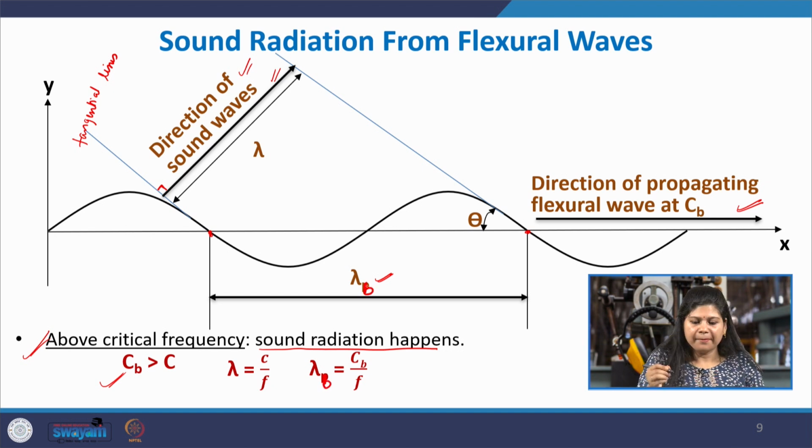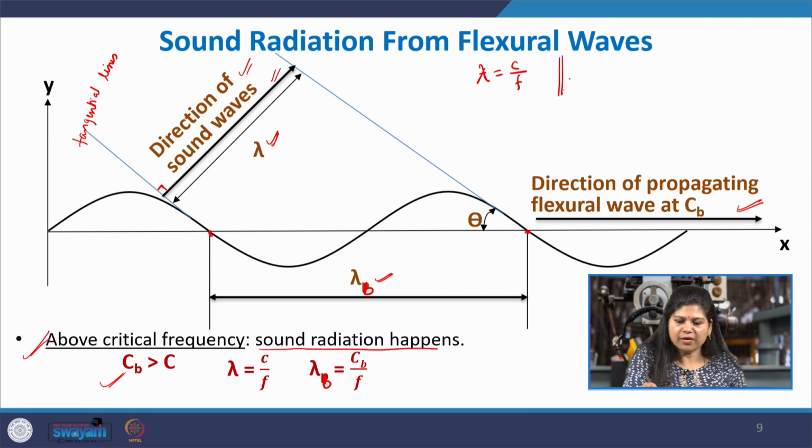And this is the lambda of the sound wave it is generating. You can see that the lambda of the sound wave is smaller, but the frequency obviously is the same. Let us see an interpretation of this. Lambda is given by C by frequency.